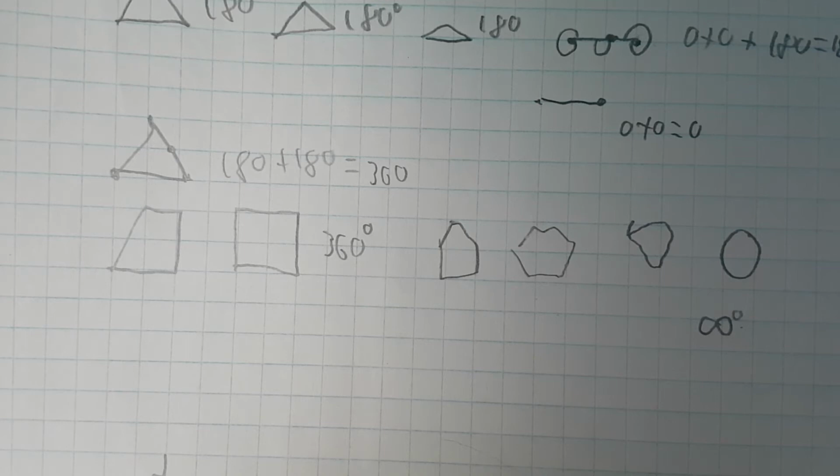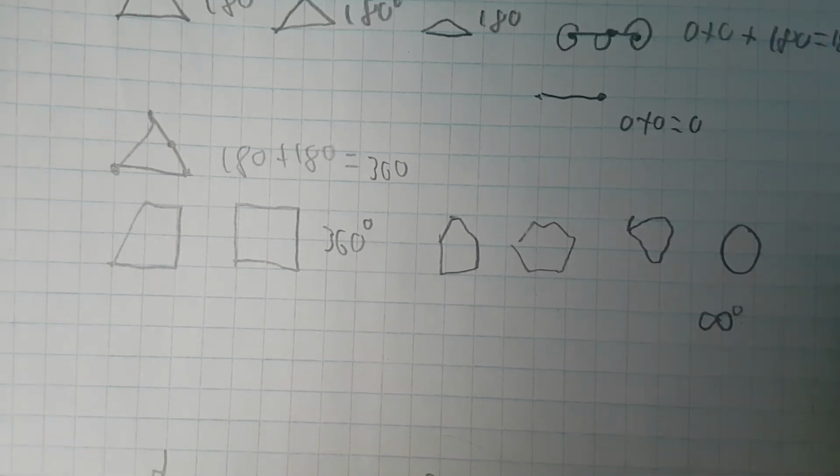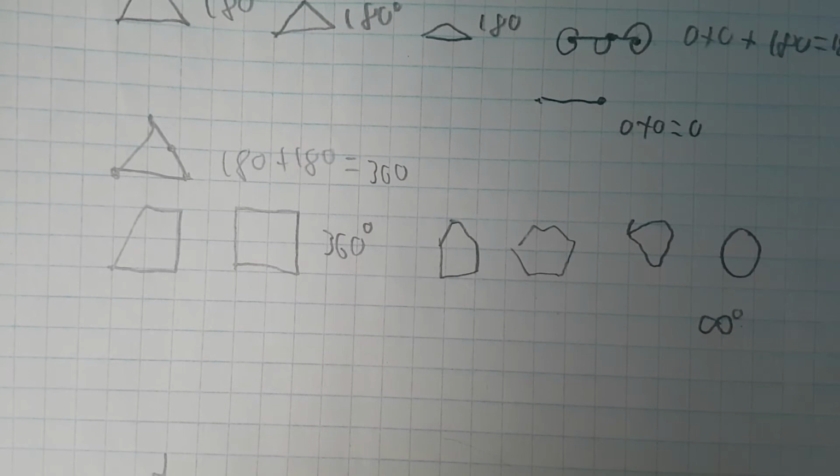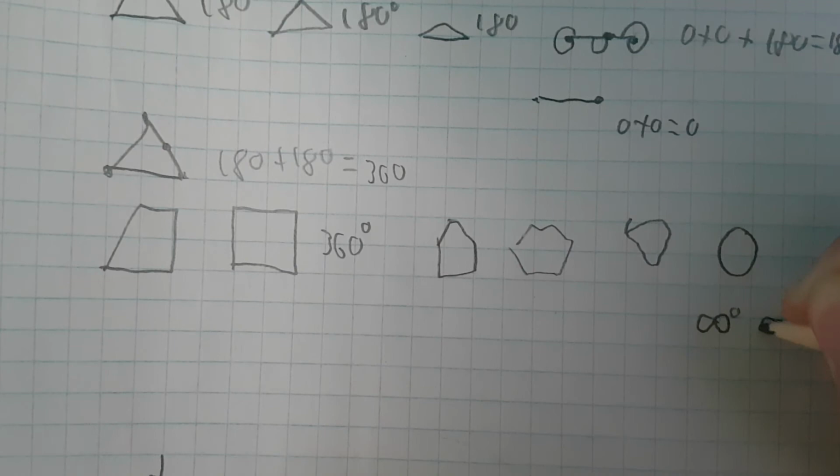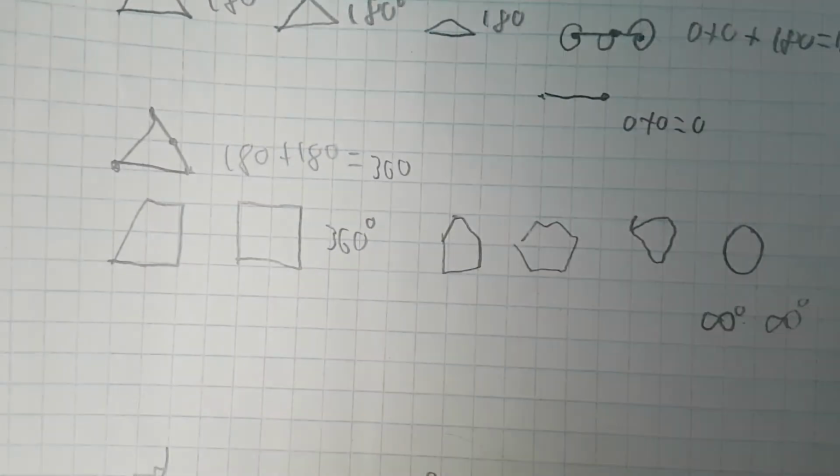But the outsides of a square are 270, so they're 270 each. So the average decreases. But at a circle, because it's just becoming more and more like a circle, it does have a limit. And every time you add a point, it does go up by more than it falls down. So a circle's outside actually also has infinite degrees, depending how you look at it.